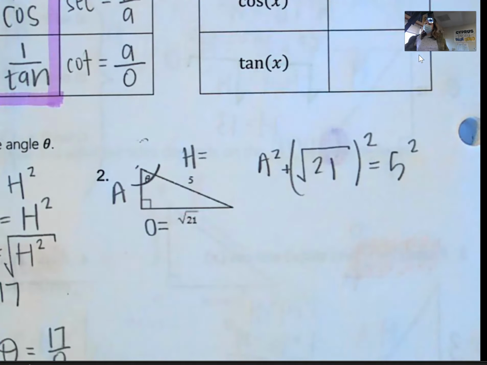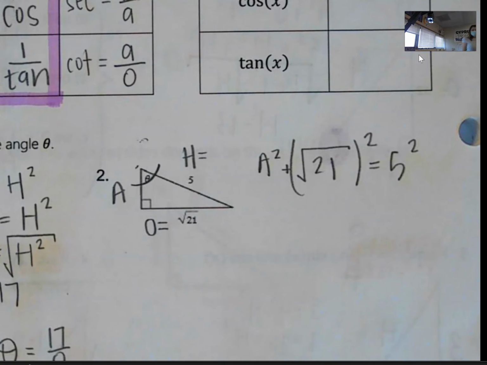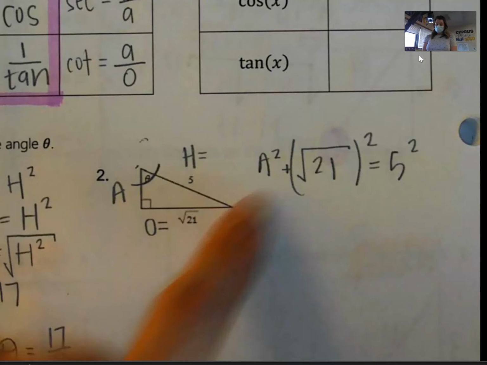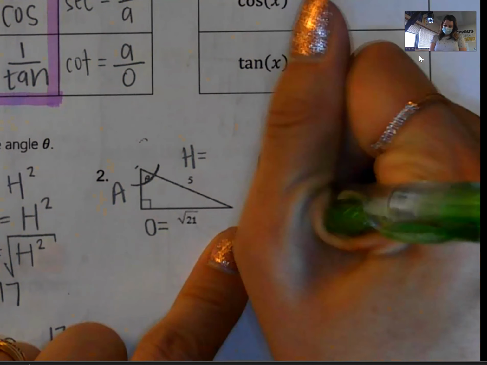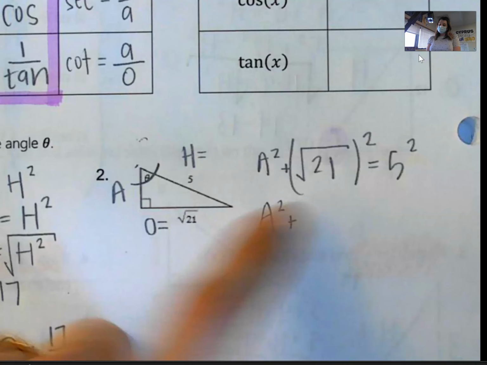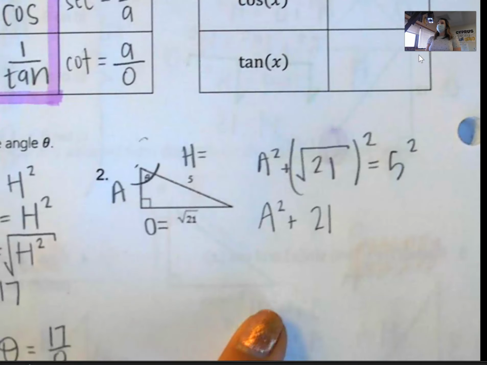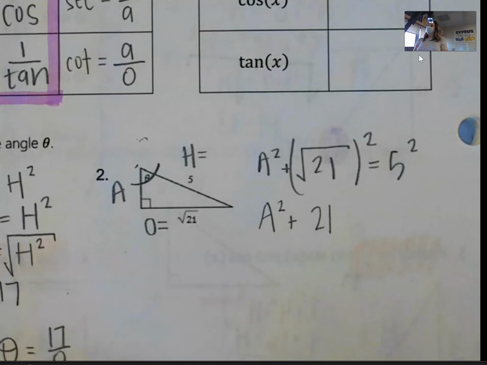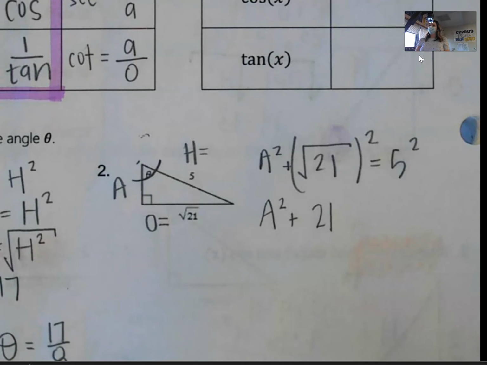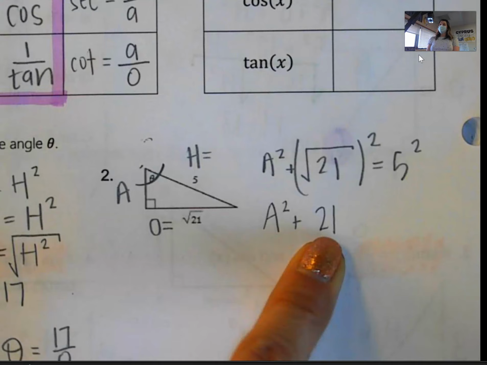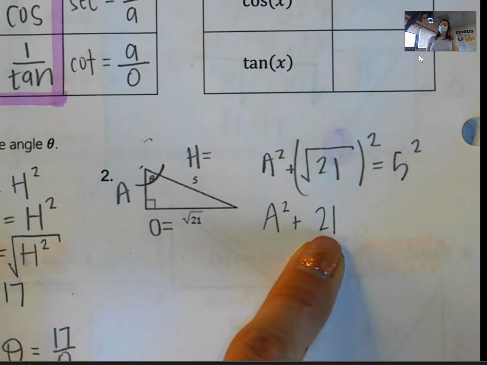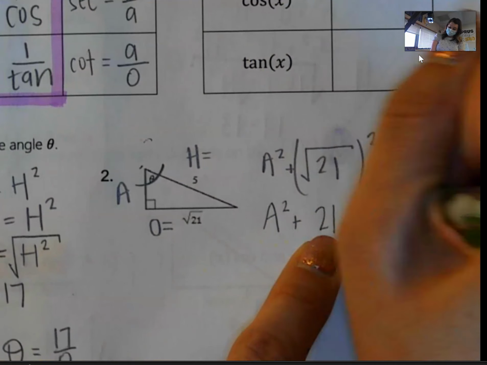Do you want me to keep going with this one? Okay. A squared. Well, turns out if you square the root of 21, the root just goes away. So if you plugged root 21 squared into Desmos, Desmos would just give you 21. Equals 25.